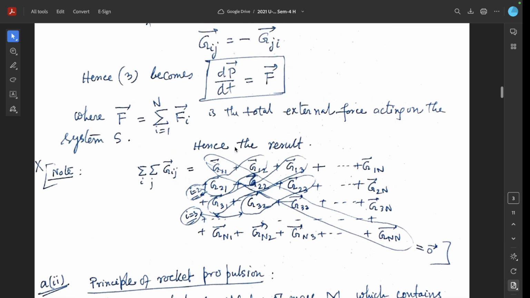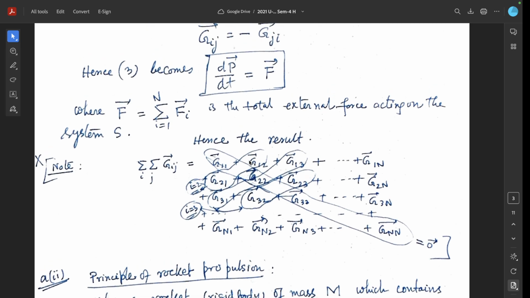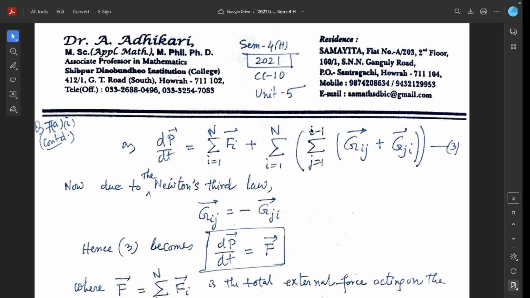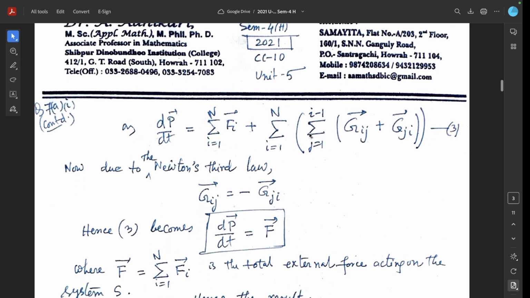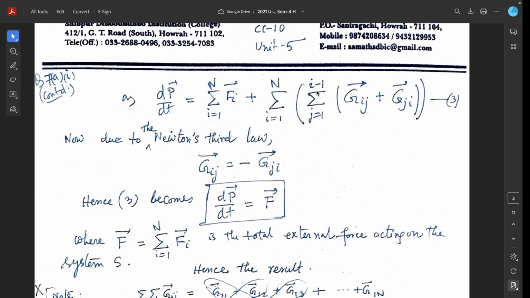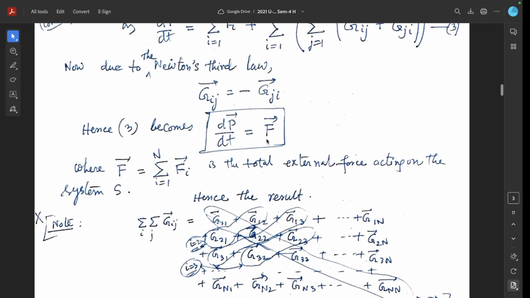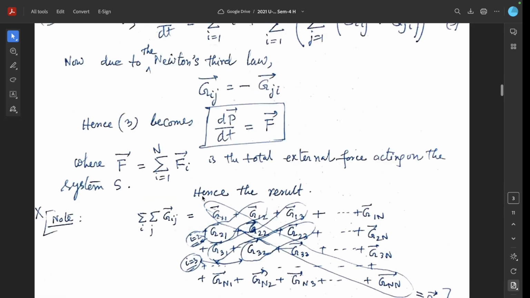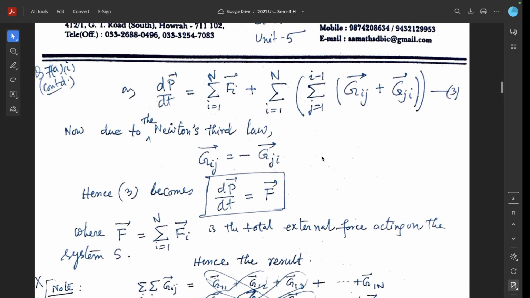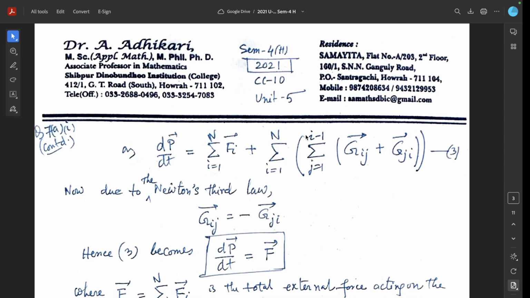So now when i equal to 2, summation over j equal to 1 to 2 is equal to G12 plus G21. When i equal to 3, j equal to 1 to 3 minus 1, that is 2, giving G12, G21 and so on. And when i equal to 4, j equal to 1 to 3.